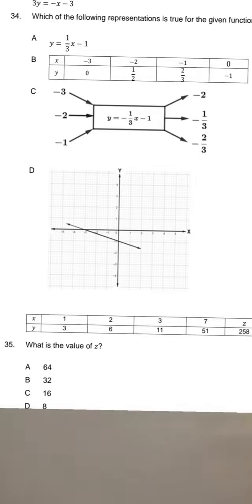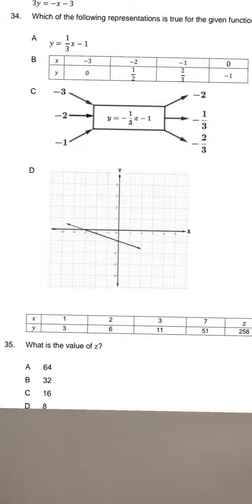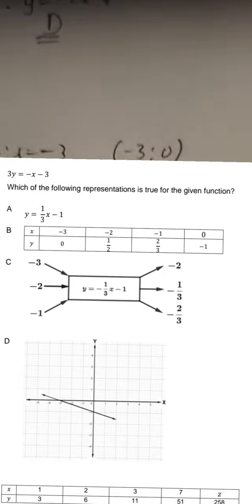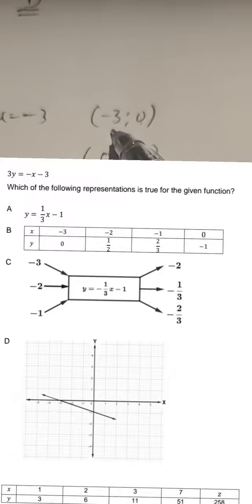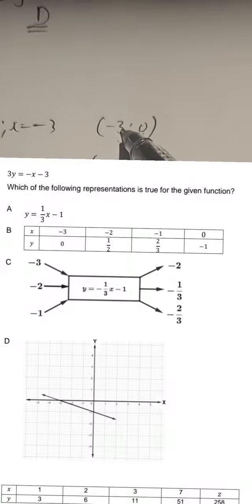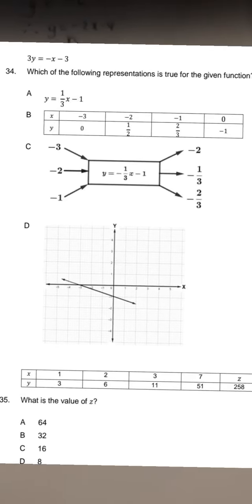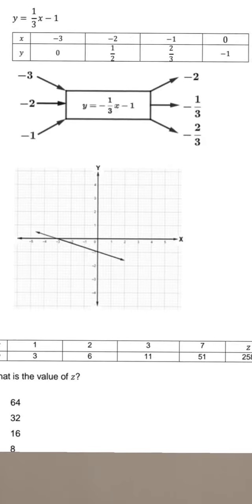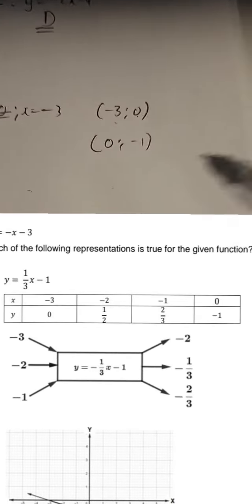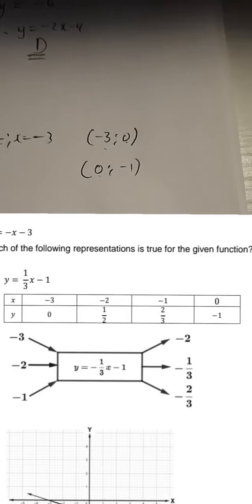If you look at D, the graph cuts the x-axis at -3. The coordinates that represent that are -3 and 0. When x is -3, y is 0. Then the line also cuts the y-axis at -1, so the coordinates there are x is 0, y is -1.